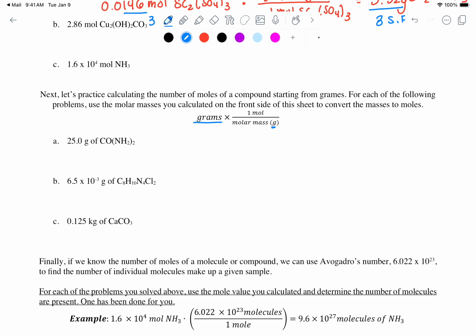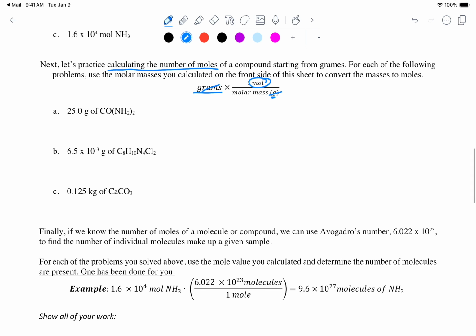That's so that grams cancel top and bottom and we're left with moles on the top, because that's the value we are calculating. We are calculating the number of moles. So I want to do our problem down here, question C, where we're taking the CaCO3 that we calculated on the previous page.